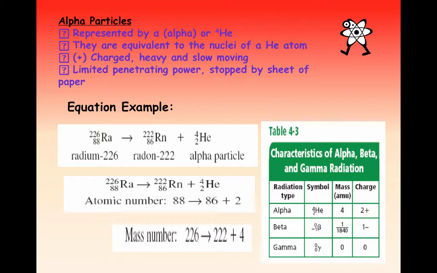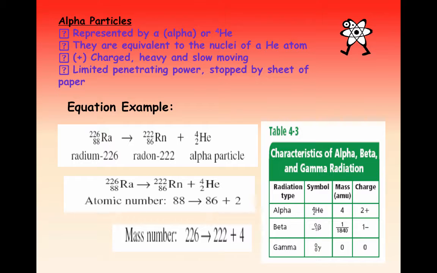All right, so let's look at an alpha decay. When an element gives off an alpha particle, it's basically giving off a helium particle. If you can remember, helium has 2 protons and 2 neutrons. So an alpha particle is when an atom gives off 2 protons and 2 neutrons, and it's going to be positively charged.